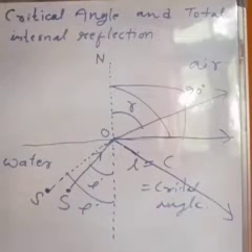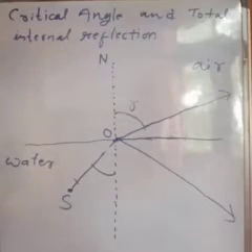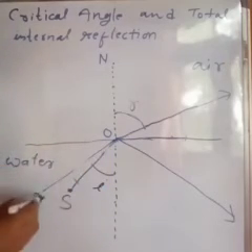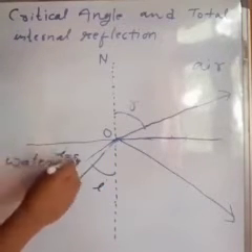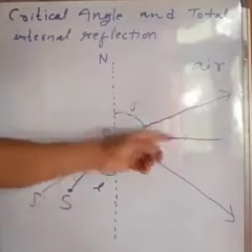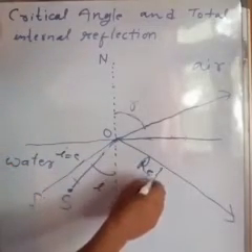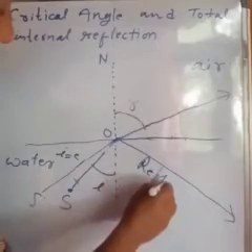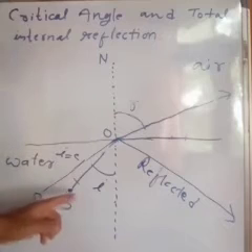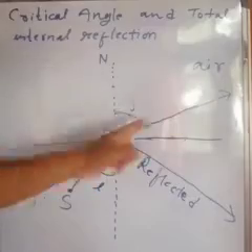If you see it in a single diagram, if the angle of incidence is less than the critical angle, then the ray of light goes outside as a refracted ray, and a little part will be reflected inside. So we'll get two parts.